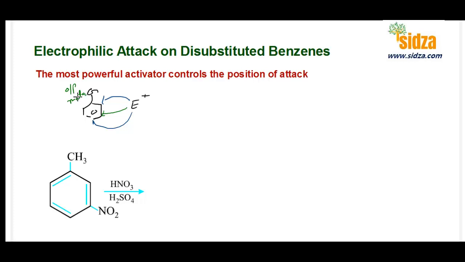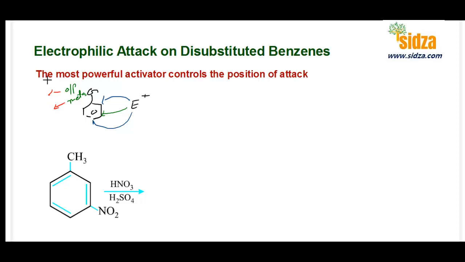We have also learned what the ring activators and the ring deactivators are. There we learned that these ortho para directing groups are generally ring activators also, and these meta directing groups are ring deactivators, right?